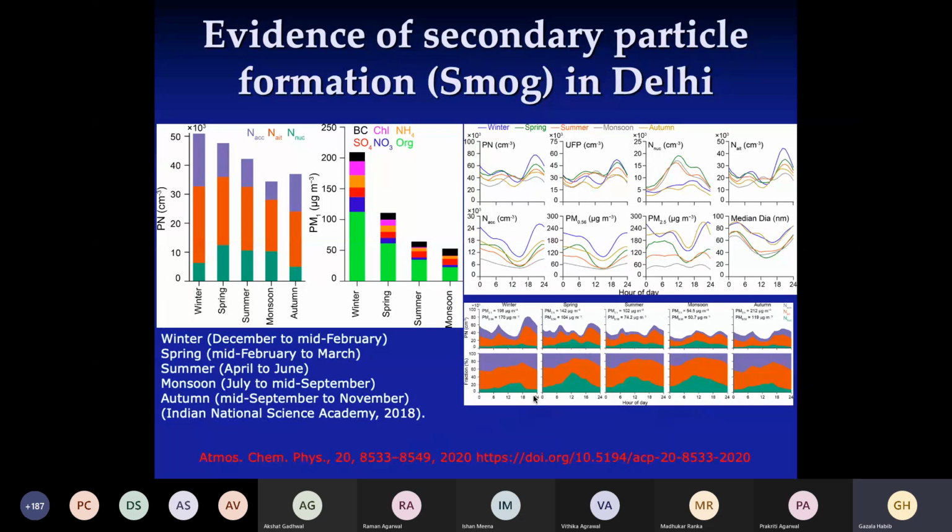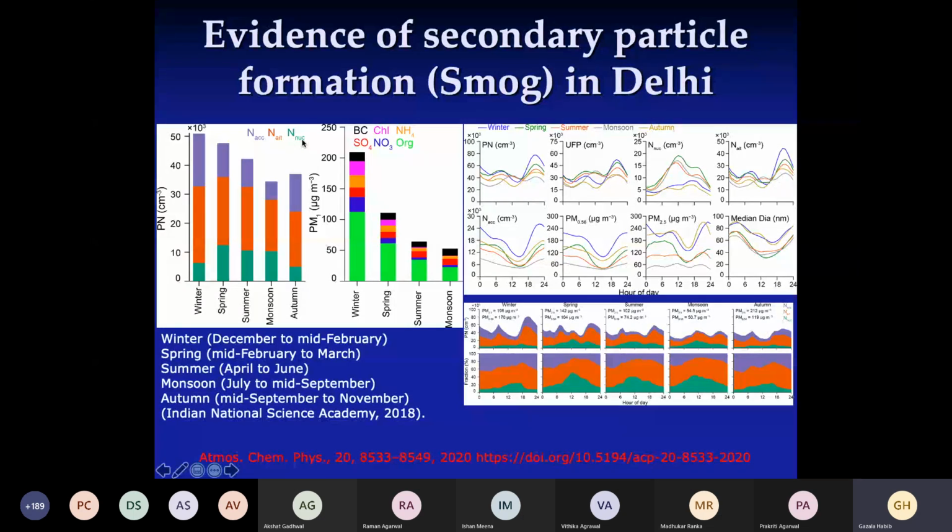This is a simple diagram where you can see on the left-hand side particle number, the number of particles in the atmosphere of different size ranges. NACC is accumulation size range, NAIT is Aitken size range, and NUC is nucleation mode.